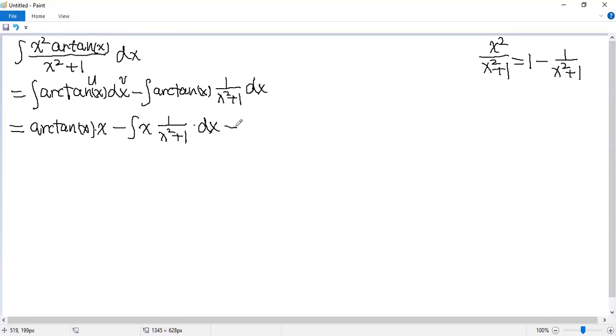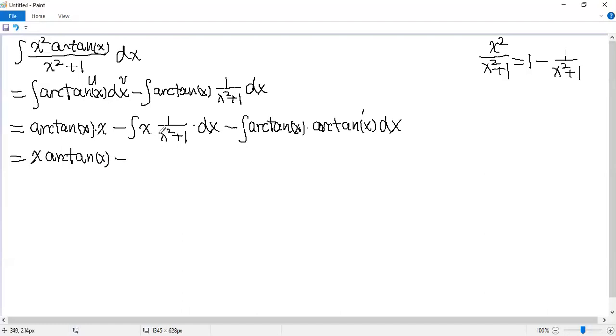For the last term, we know the derivative of arctan x equals 1 over x squared plus 1. So we can write it as the integral of arctan x times the derivative of arctan x dx. Now we can write x first: x times arctan x.